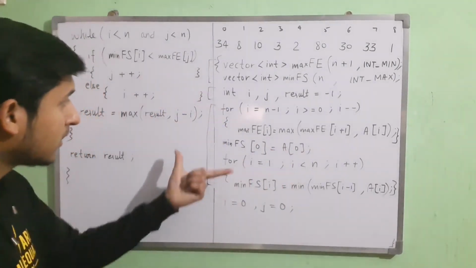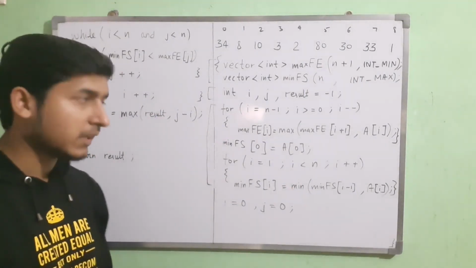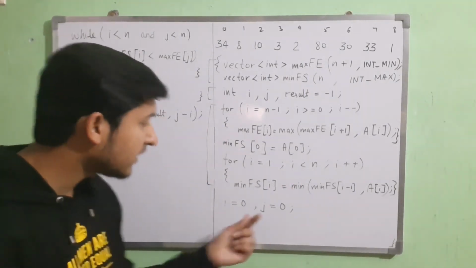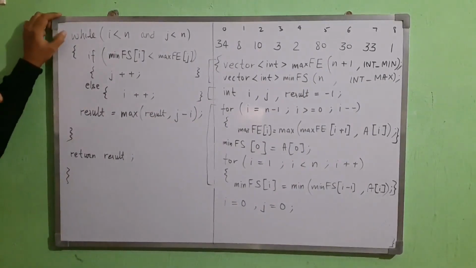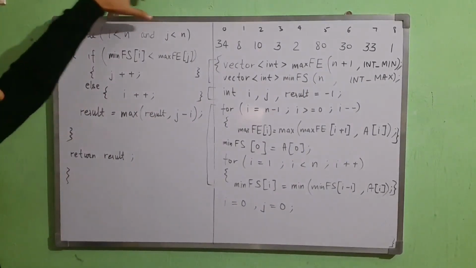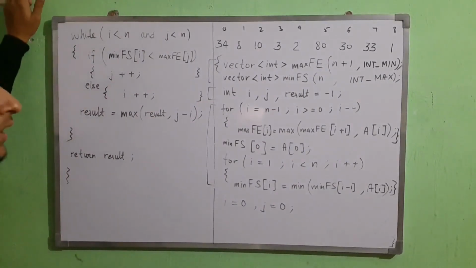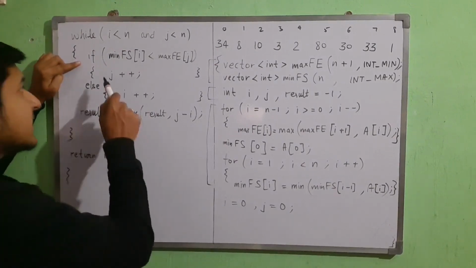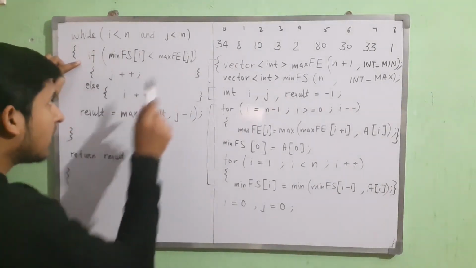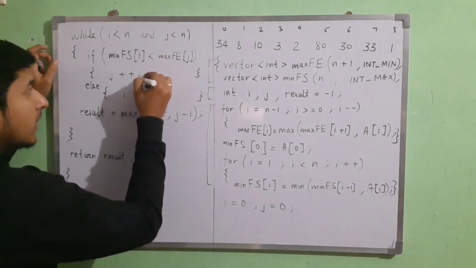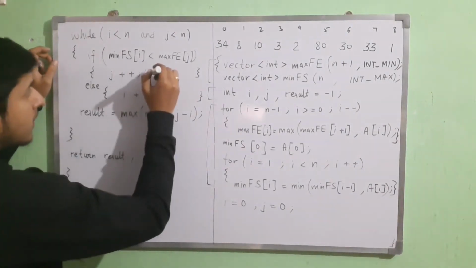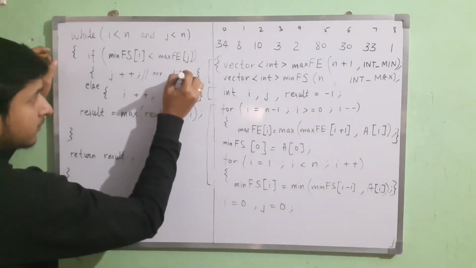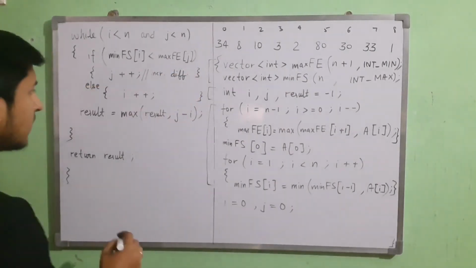After this, both auxiliary arrays are declared and initialized. Then i and j will be initialized with 0 again, and while both are less than n, either we will increase j if that is possible. Basically that will increase the difference.